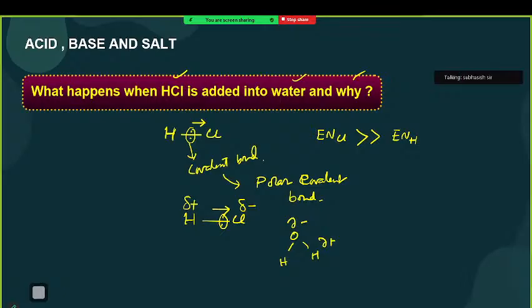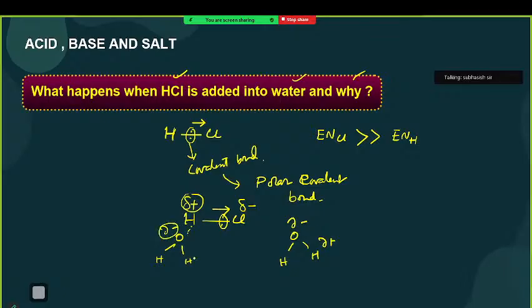So when HCl is dissolved in water, the oxygen atom present in water attracts the hydrogen part of HCl, because hydrogen is positive and oxygen is negative.